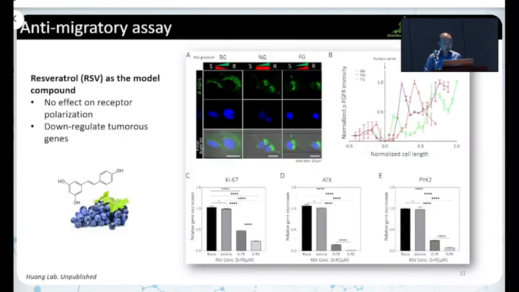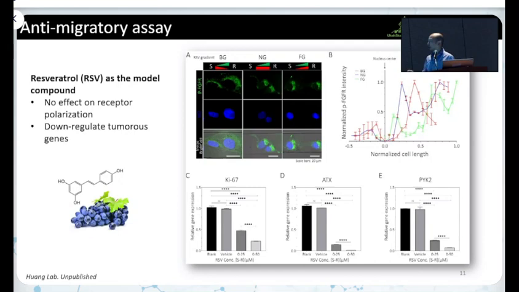Furthermore, we're looking at what happened with this compound, what things are being inhibited. If you remember in the previous slides, the geometric distribution of the receptor can be polarized by the growth factor gradient.